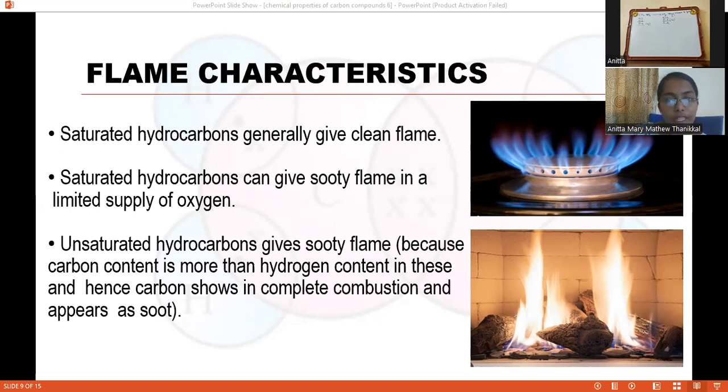This is a picture of the flame of saturated hydrocarbons. Unsaturated hydrocarbons give a sooty flame with a yellowish color. The second figure shows the unsaturated condition. I'll explain the difference between saturated and unsaturated hydrocarbons in combustion reactions.